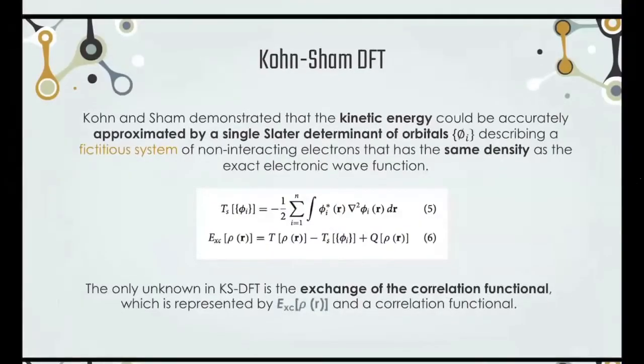So then this is the accepted model for density functional theory, which is the Kohn-Sham density functional theory, or DFT. Kohn and Sham demonstrated that the kinetic energy could be accurately approximated by a single Slater determinant of orbitals, which is the one that we can see here, by describing a fictitious system of non-interacting electrons that has the same density as the exact electronic wave function.